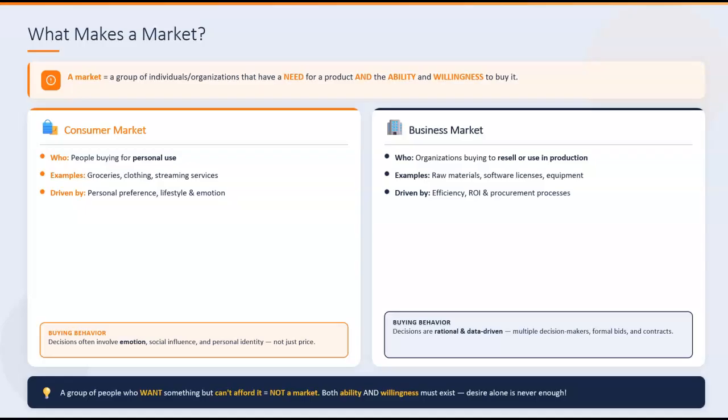And their buying behavior is rational and data driven. There are multiple decision makers, formal bids, and contracts. A group of people who want something but can't afford it is not a market. Both ability and willingness must exist. Desire alone is never enough.